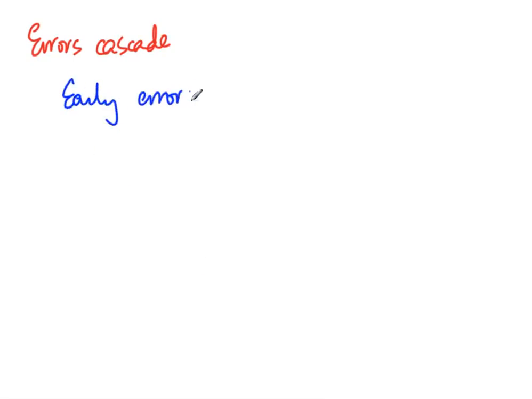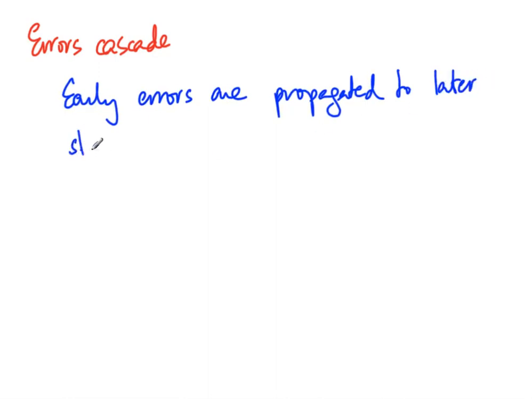So one of the difficulties with these round off errors is that the errors cascade, right? So early errors are propagated to later stages. So what might happen therefore is that at a later stage the numbers in the computation might change slightly.